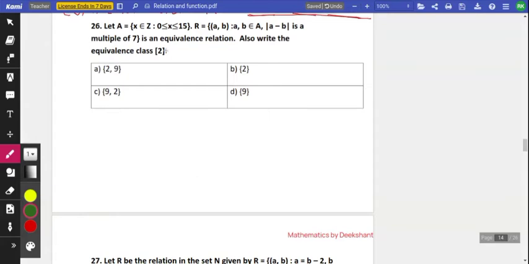In this, the given relation is an equivalence relation. You have to find the equivalence class for 2. If a comma b belongs to relation R, it shows that mod a minus b is a multiple of 7.